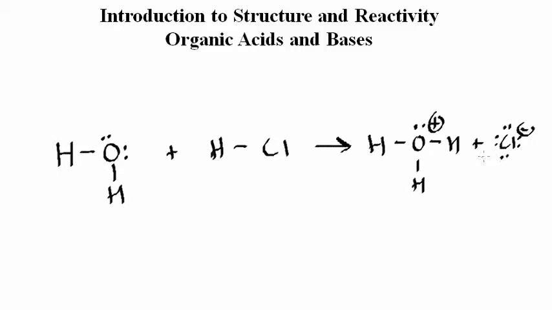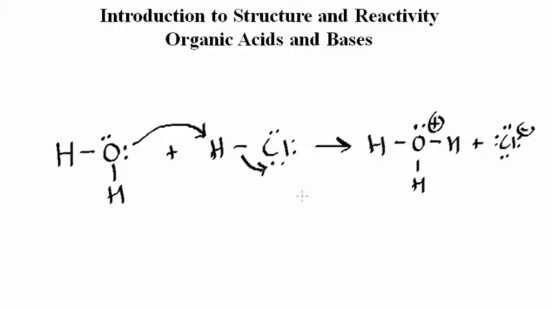Now we can show the transfer of a proton from an acid to a base by using curved arrows. For acid-base reactions, we write the Lewis structure of each reactant and product, showing all valence electrons on reacting atoms. We then use curved arrows to show the change in position of electron pairs during the reaction.